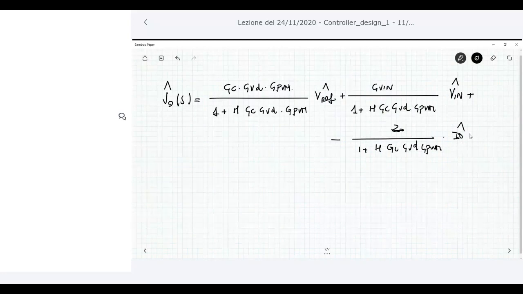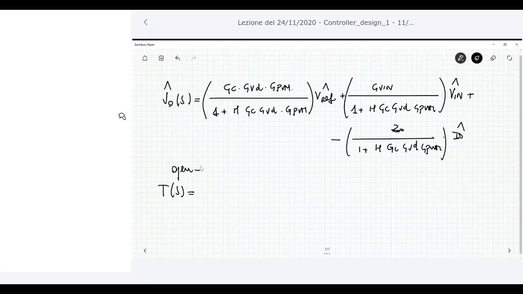So this is what happens to the variation of the output voltage when you have the closed loop voltage mode. You can define a variable which is the open loop gain. The open loop gain is exactly H(s) GC(s) GVD(s) GPWM(s).